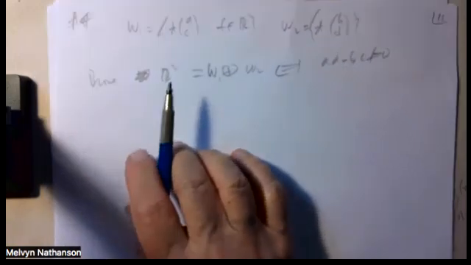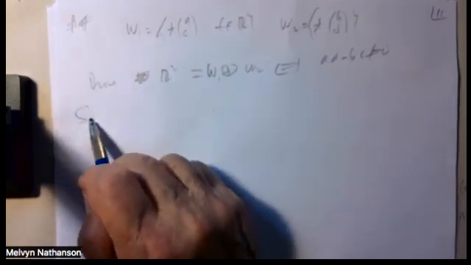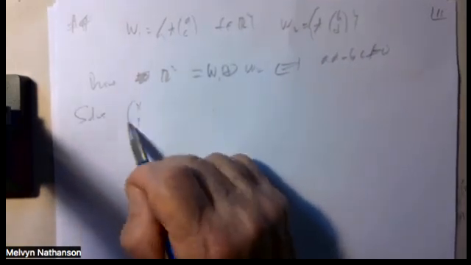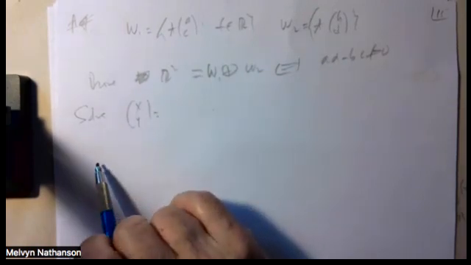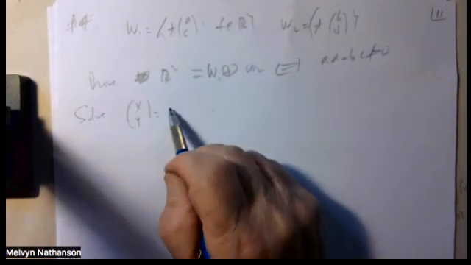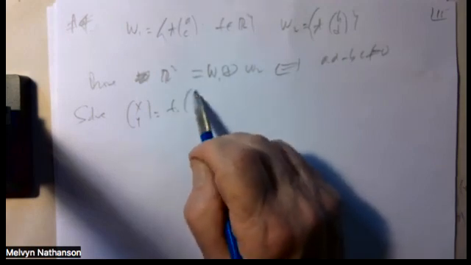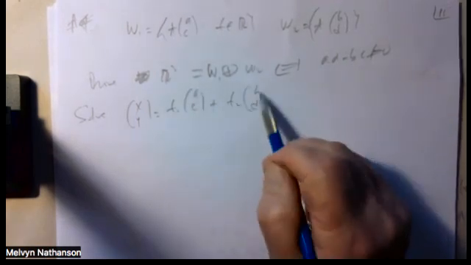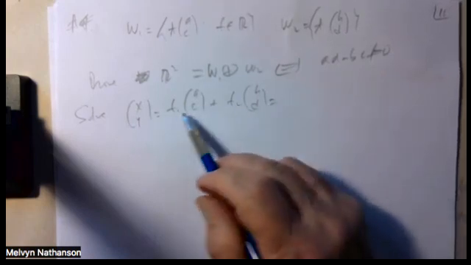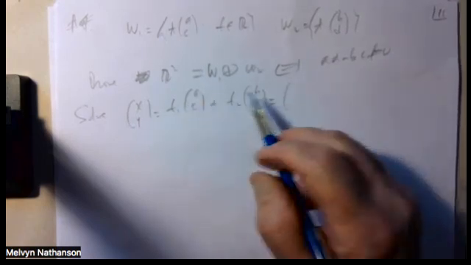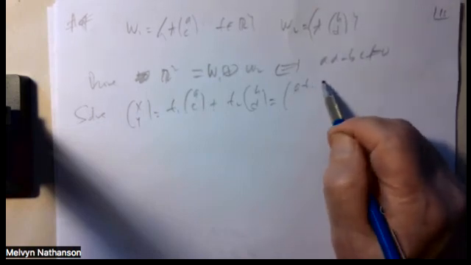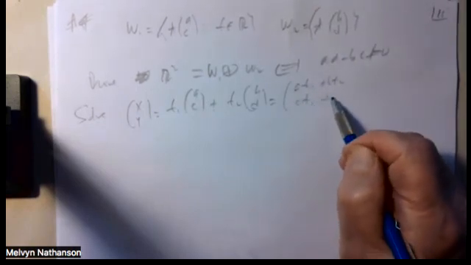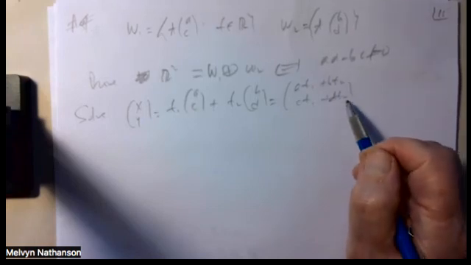So the question is, given a vector (x, y), when can we write this as some linear combination of (a, c) and (b, d)? Because if you add these vectors, this is (a t1 plus b t2, c t1 plus d t2).